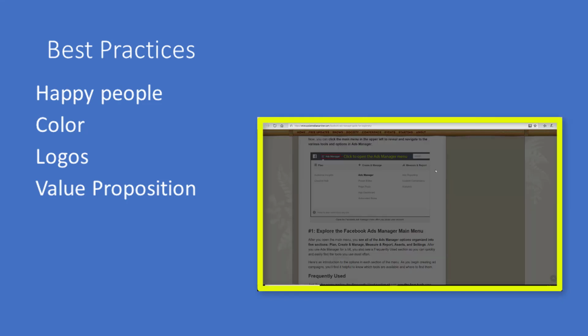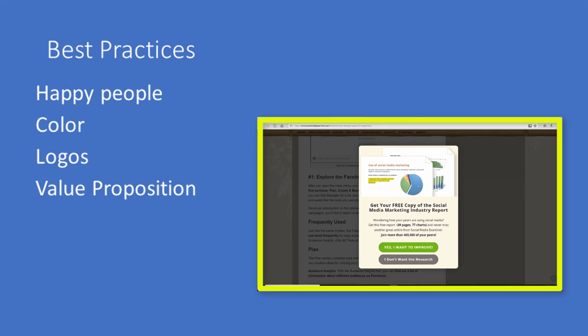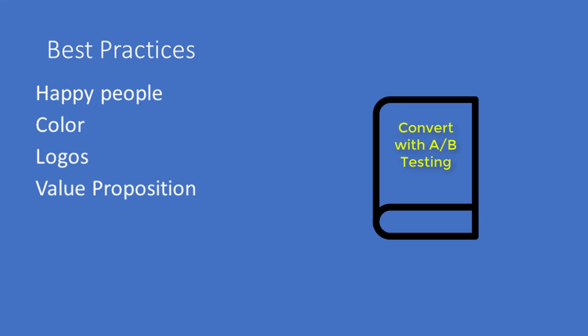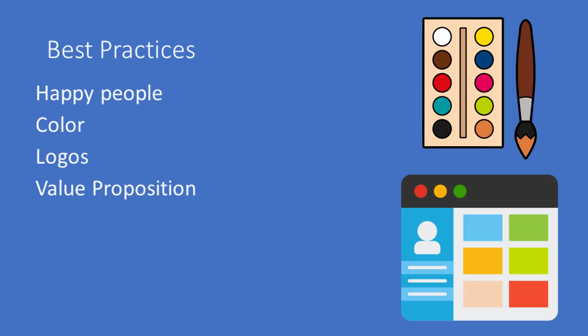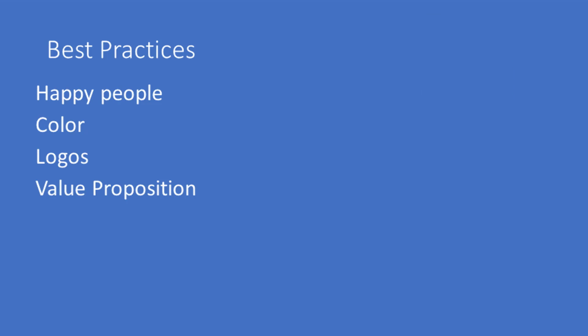Give a valuable takeaway from an ebook or guide, like convert with A/B testing. Be sure to still include color within your image. A great value proposition will increase click-through, but will not attract the eye without color. So use all together: colors, logos, value proposition.